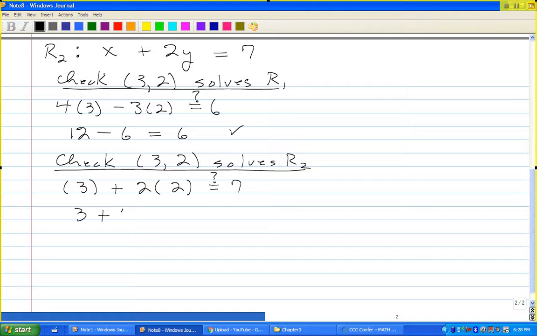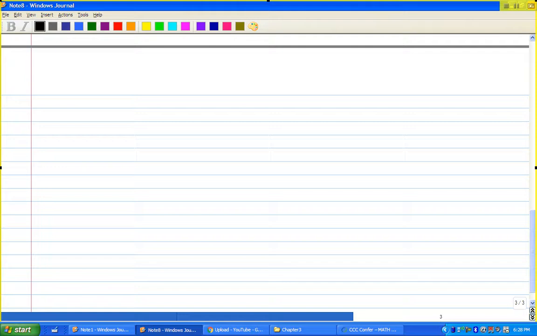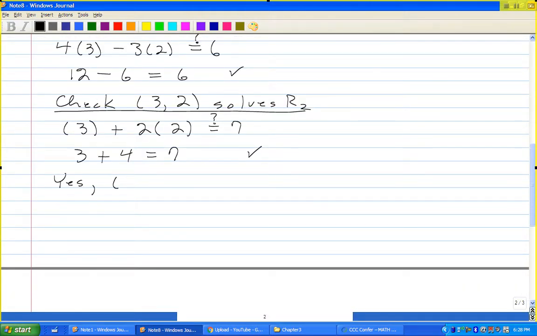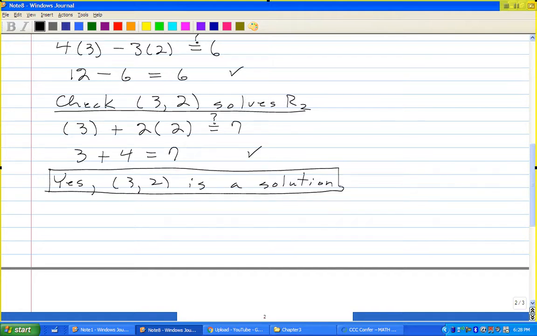Is 3 plus 4 equal to 7? Yes. Therefore, yes, (3, 2) solves the system. So yes, (3, 2) is a solution to the given system.